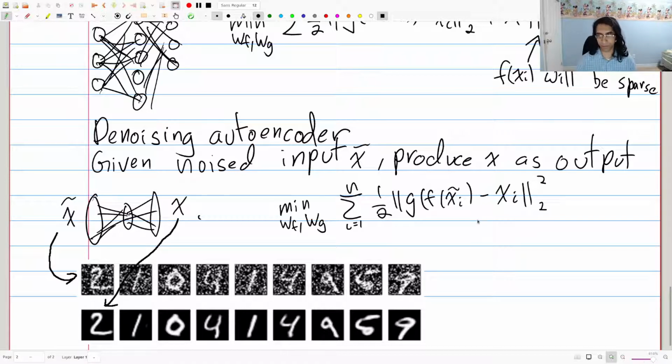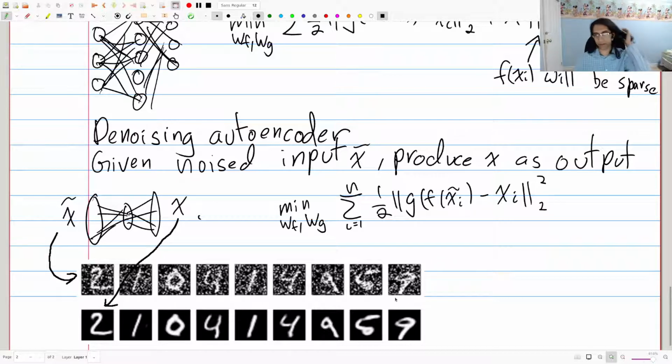So you can see that what we're trying to do is make it so that the so-called encoding and then decoding of the noised version of the image should be close to the unnoised version. And remember, when we're training it, we imagine we have only these unnoised versions, but we can manually noise them for our training purposes. At test time, again, we just assume that we're given these noised images, and then we want to denoise them.